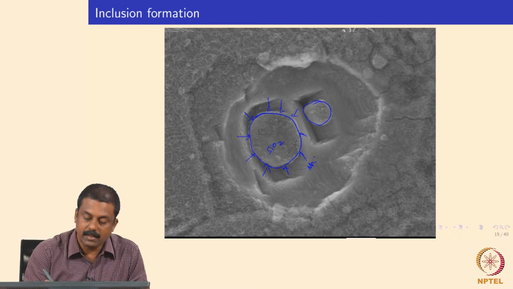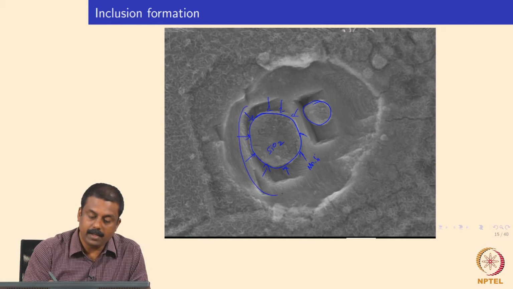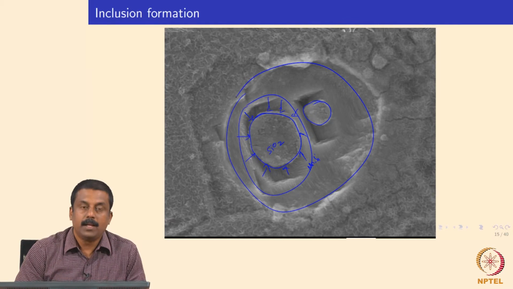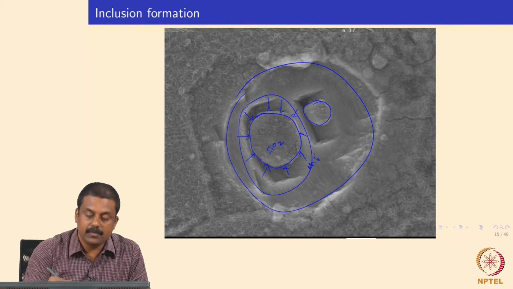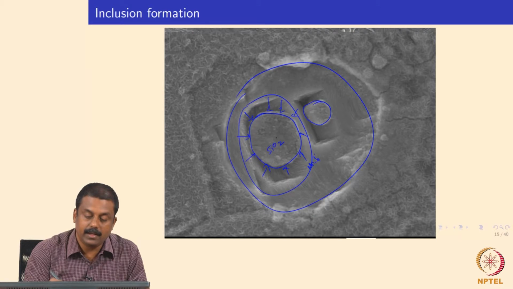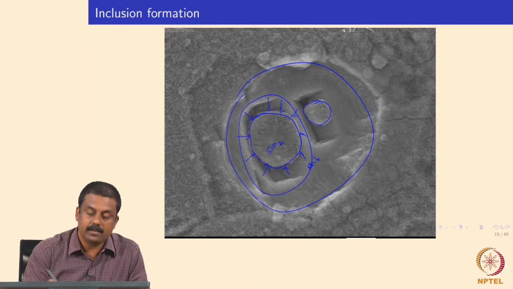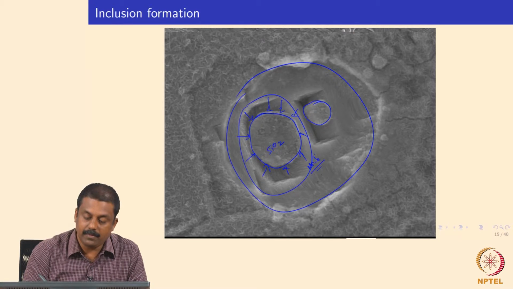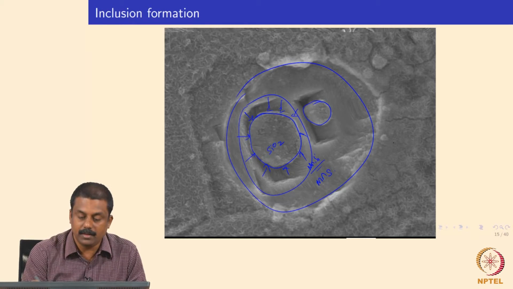Manganese and sulfur would go and enrich these surfaces, and you end up forming layers of non-metallic inclusions, with the oxide at the center and, because of the epitaxial enrichment of other elements, silicon oxide, manganese sulfide, and so on in subsequent cooling.